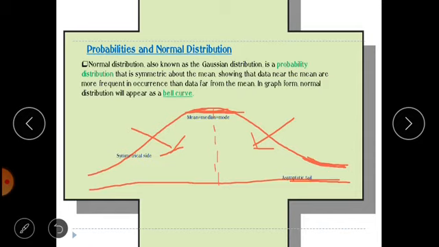So, ito yung example natin ng graph na bell curve. Okay? So, let's continue. Itong bell curve natin, class, normal distribution was first described by a German mathematician na si Carl Gauss. Kaya kung mapapansin nyo, normal distribution is also known as Gaussian distribution. So it was named after Carl Gauss.